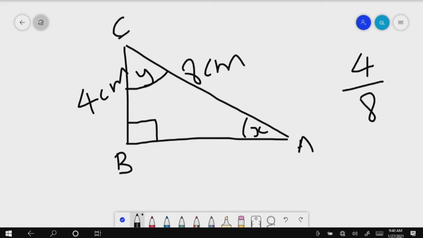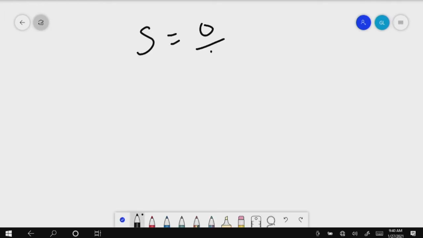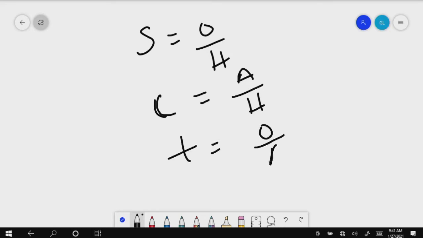Using the trigonometric ratios again, sine is equal to opposite upon hypotenuse, cos is equal to adjacent upon hypotenuse, and tan is equal to opposite upon adjacent. In writing what is given, they're asking us for 4 upon 8.